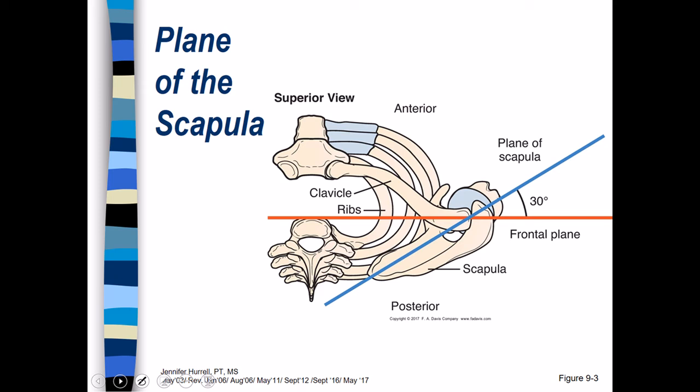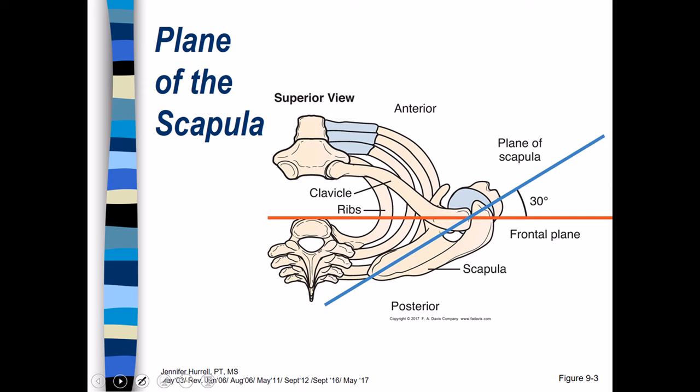The scapula isn't sitting flat on the frontal plane. It's tipped forward about 30 degrees from the frontal plane. So when the scapula moves on the rib cage, does it want to move in the frontal plane?